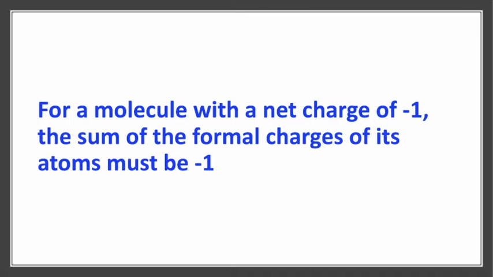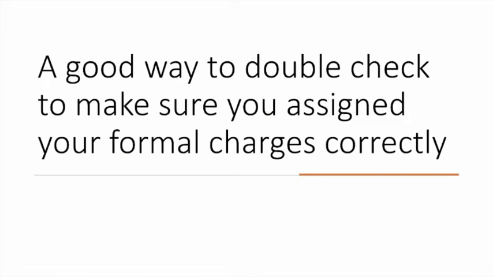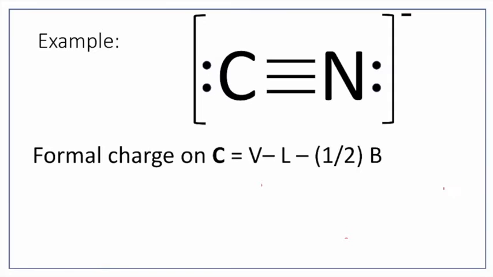For example, say you have a molecule with a net charge of -1. The sum of all the formal charges of its atoms is going to add up to -1. Checking what your formal charges add up to is a good way to double check and make sure that you have assigned your formal charges correctly.